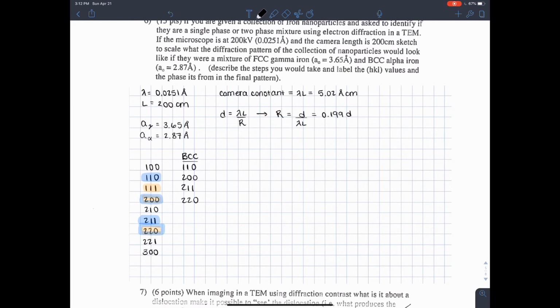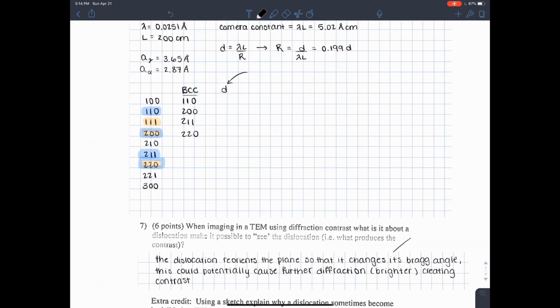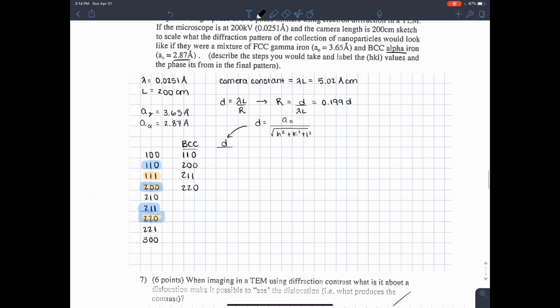So for BCC, the planes that diffract are going to be the following, and their corresponding d-spacing we're going to find using our A naught over the square root of h squared plus k squared plus l squared equation. So from that, we figure out the A naught for BCC is 2.87 angstroms, and 2.87 divided by root 2 for the 110 plane, 2 for the 200 plane, root 6 for the 211, and root 8 for the 220.